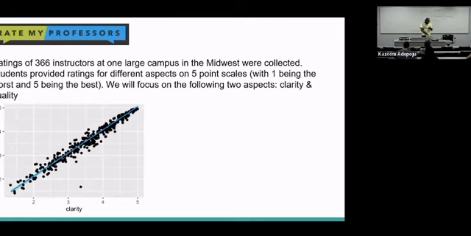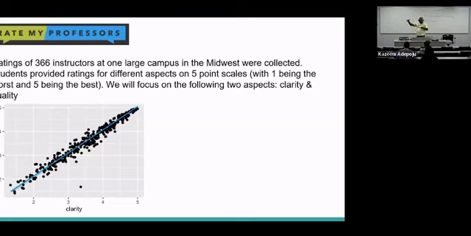The students actually rate professors based on so many variables like clarity, quality, and so on. And of course, the variables are on a 5-point scale, one being the worst and five being the best.